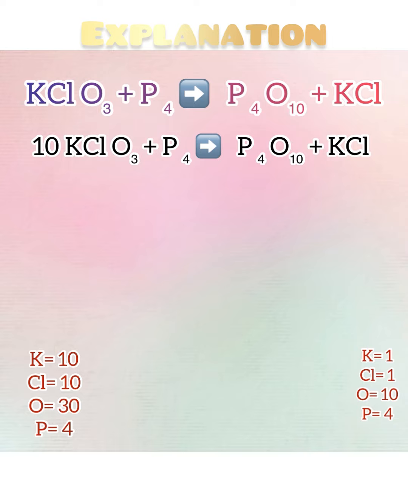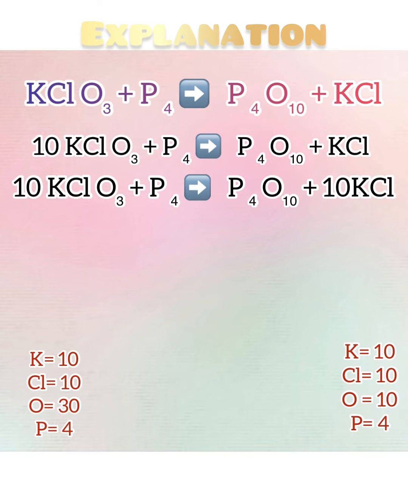As we see, the number 10 was multiplied with the subindex of oxygen, and the atoms change, we can see it at the bottom. The equation is not balanced yet, so in the potassium and chlorine of the product, we put the coefficient number 10.